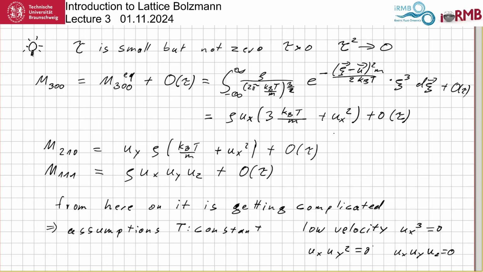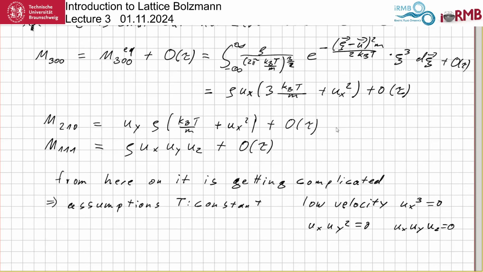In particular, these assumptions are not necessary, but to see out of the equation that all of them drop out requires really a lot of calculations. So we'll just assume that they drop out.